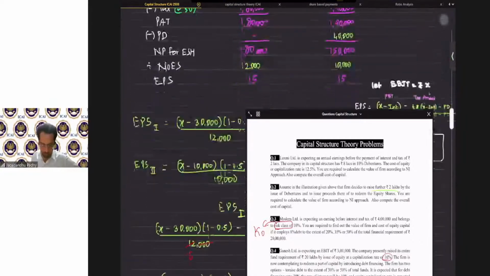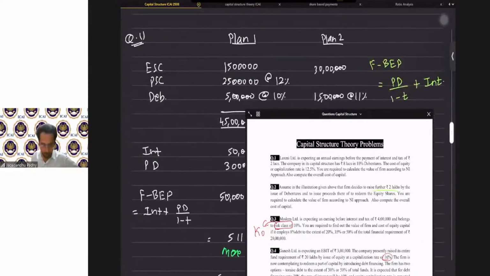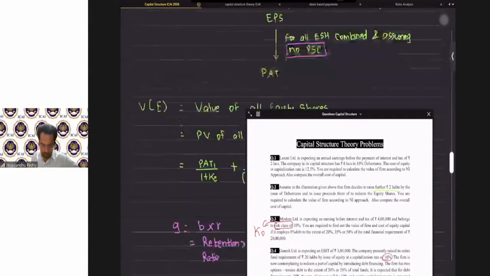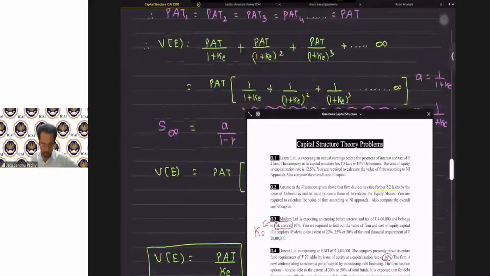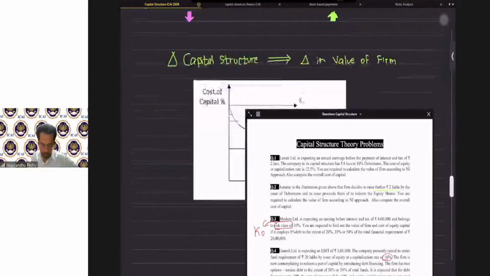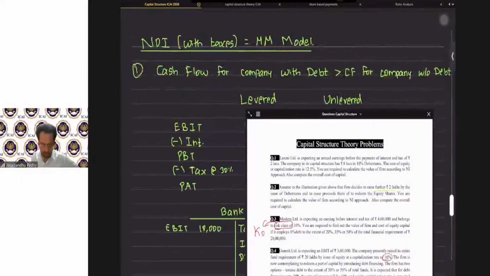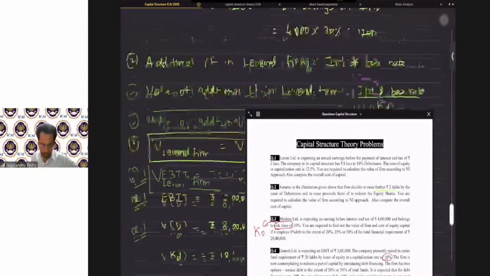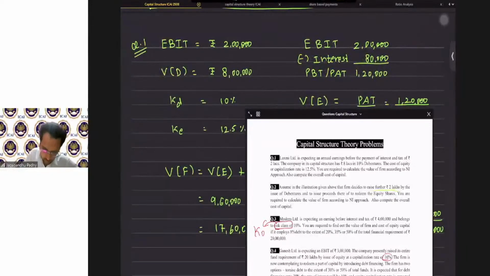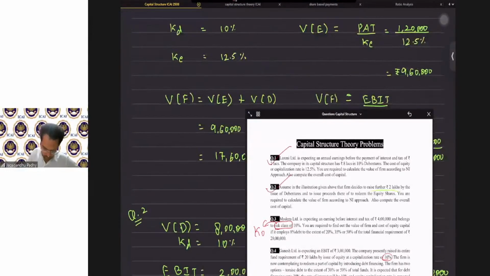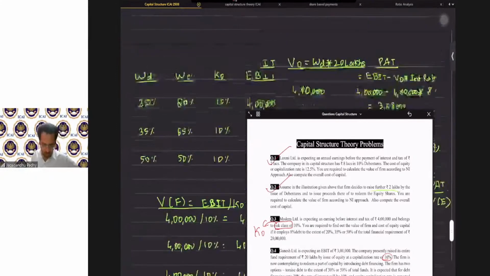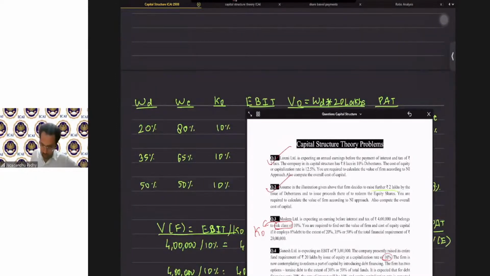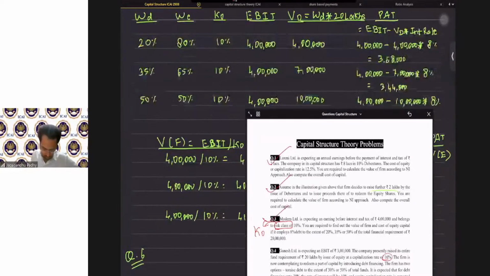From capital structure theory, we have done net income, net operating, that's fine. So we have completed question 1, we have done question 2. Then I've also done question 3, right?